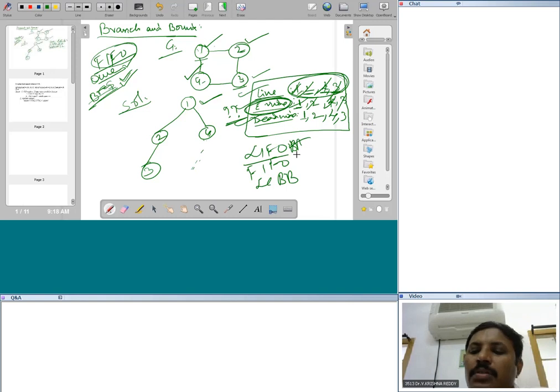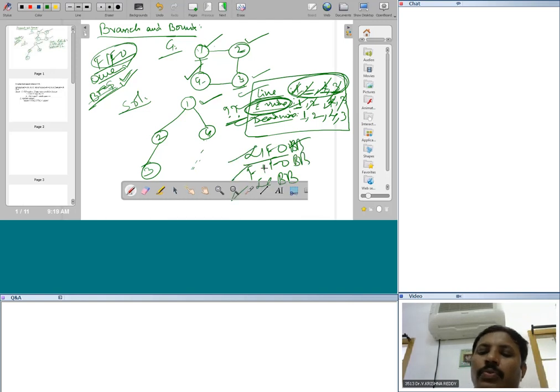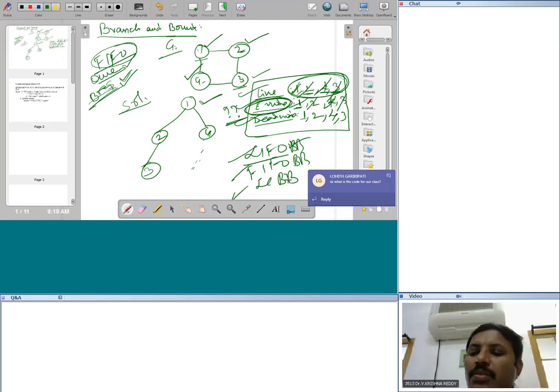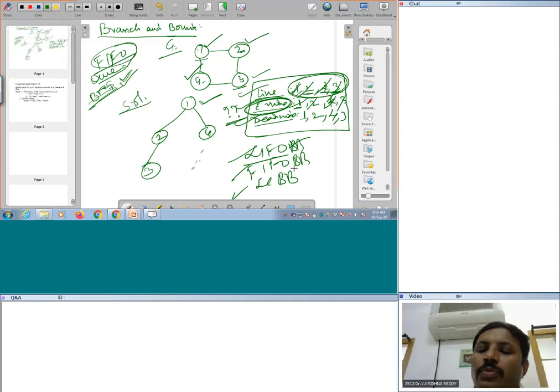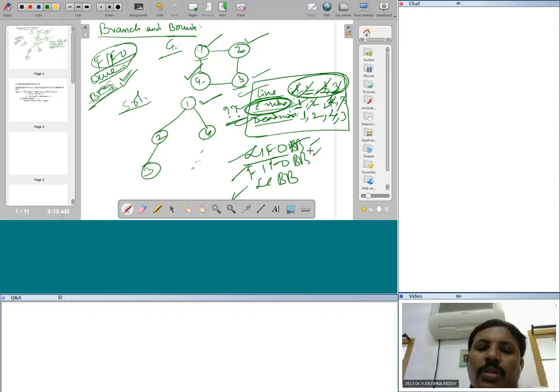Which node we are selecting as an E node depends on the technique we use. Here we are using FIFO branch and bound representation.